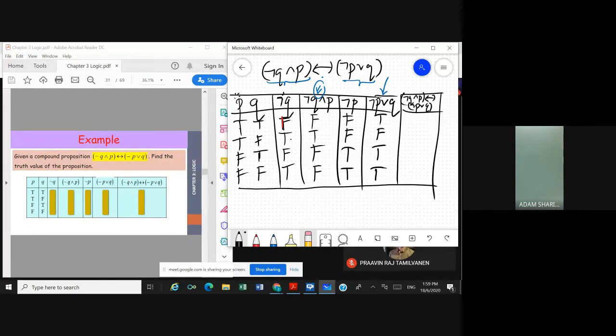F and T is F. T and F is F. F and T is F. And F and T is F.